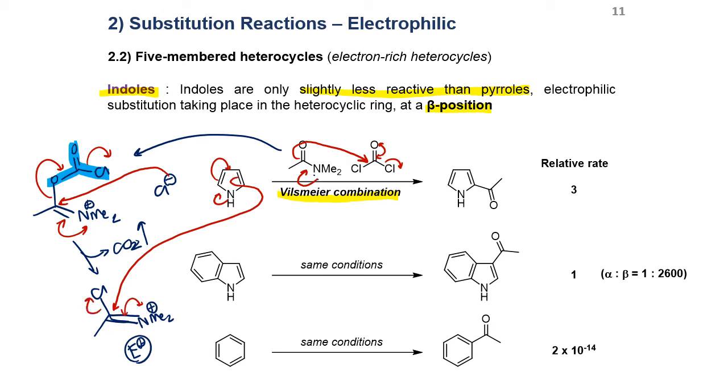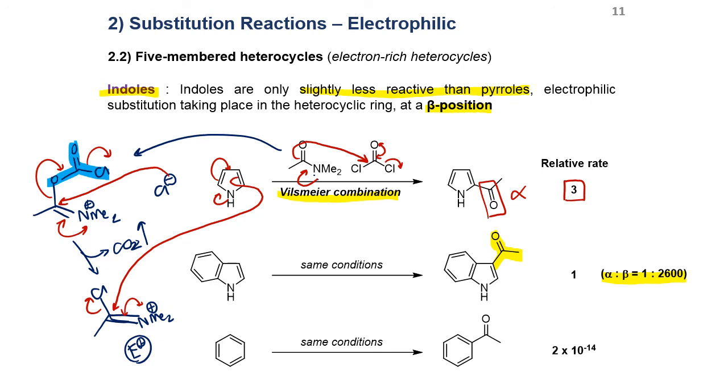Then you form the iminium salt, and after the hydrolysis workup step, the iminium salt can be hydrolyzed to form the ketone here. For pyrrole, the reaction occurs at the alpha position with a rate 3 times more than indole. But for indole, you can see that the major product is at the beta position. The regioselectivity is like 1 to 2600.